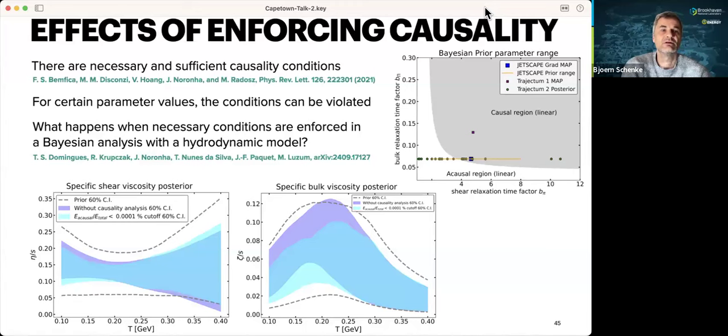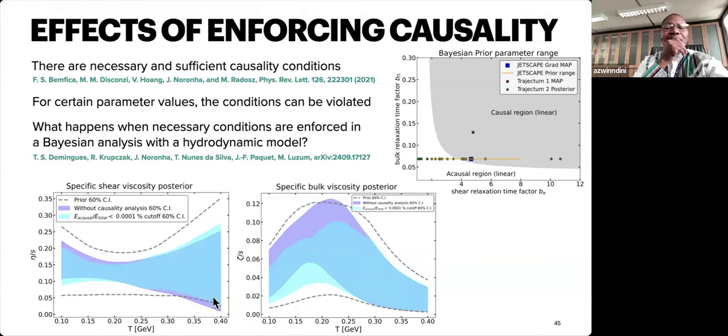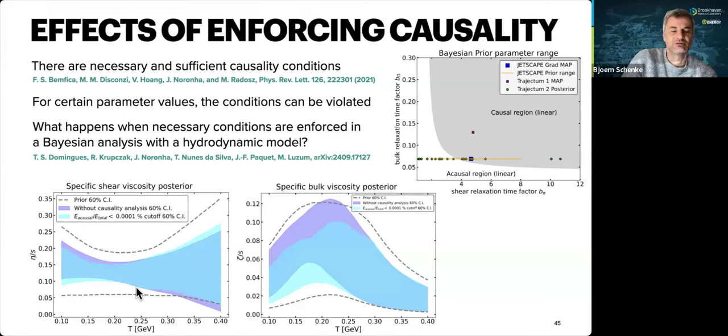I'm not sure. That's kind of what they do, right? They use experimental data to extract the eta over S. So this has experimental data input. And the difference between these two bands is whether they allow their results to also lie in the acausal region.